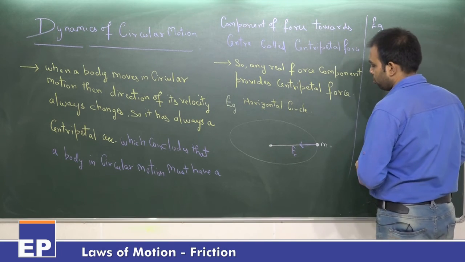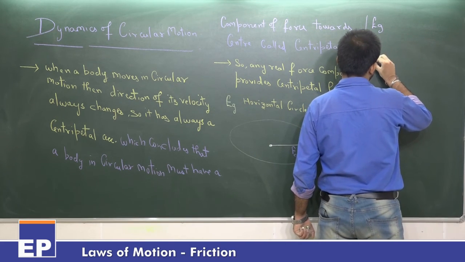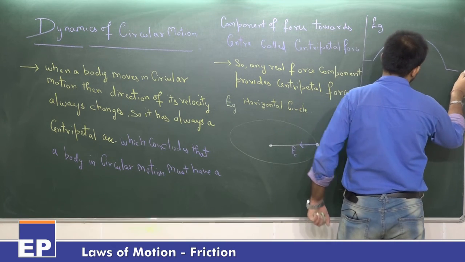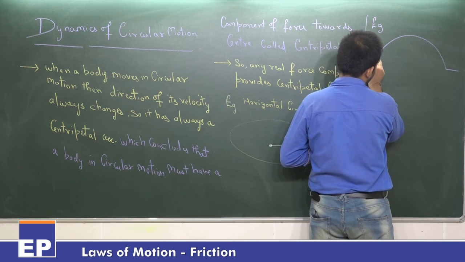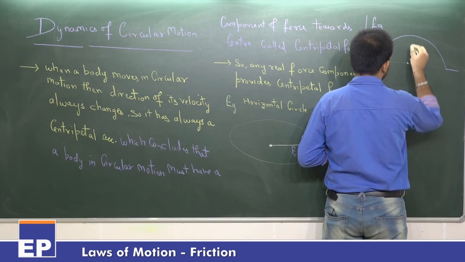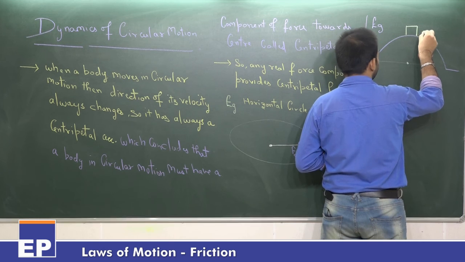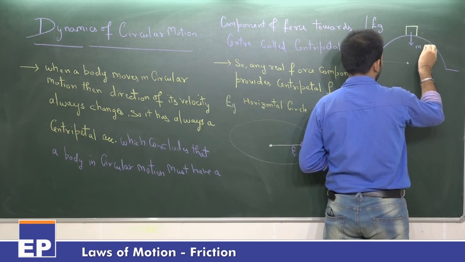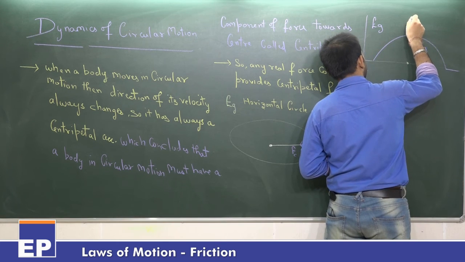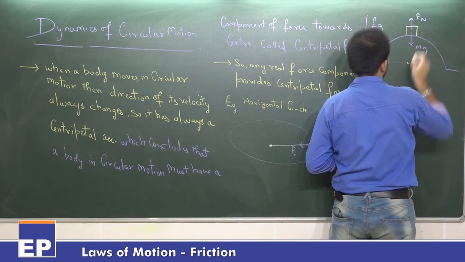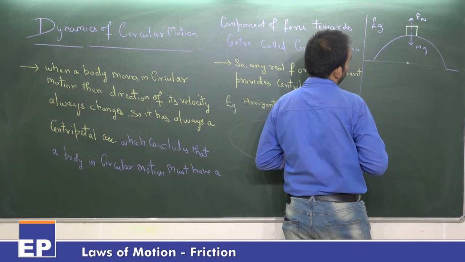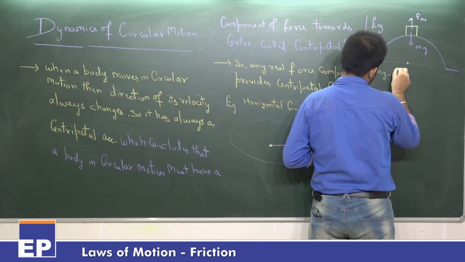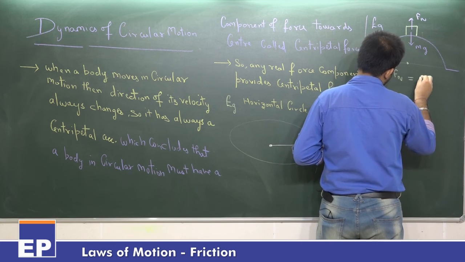Like if the body is moving, suppose this is the path, its center is at this position, it is at this position, the center is at this, so mg is acting like this and fn is acting like this. Here mg minus fn is acting as centripetal force. F centripetal.